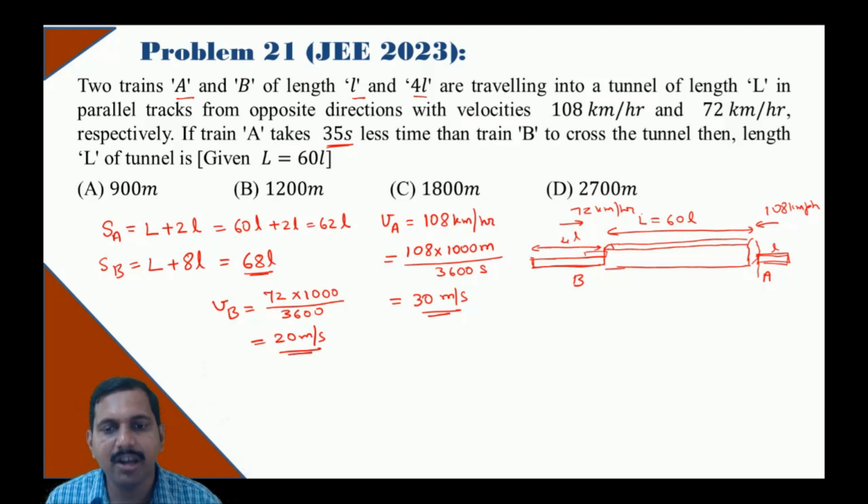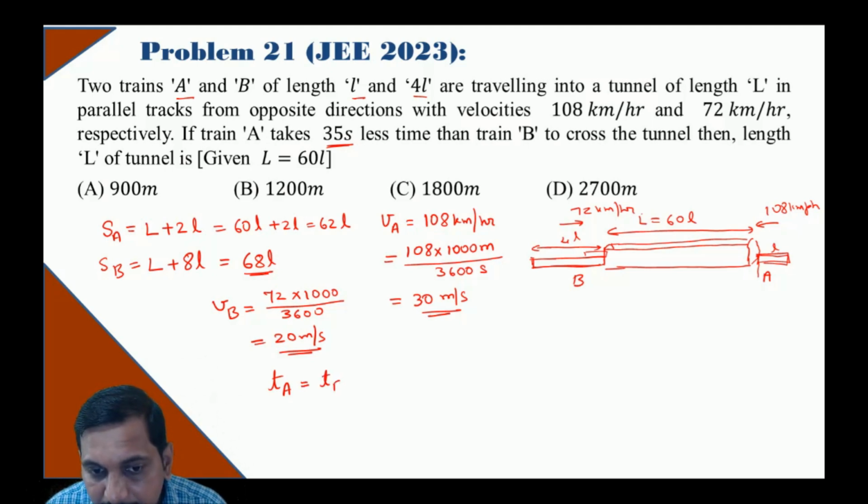So these are the velocities of the trains, right? Now, what is given? The time that A takes is 35 seconds less than what B takes. That means TA is TB minus 35 seconds.